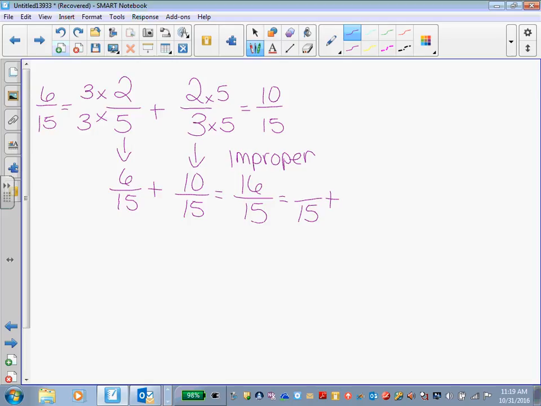Talia, what was it? So 15/15 is equal to what? One whole. So 15/15 plus what gives me 16/15? So then our whole number is 1 and our fraction is 1/15.